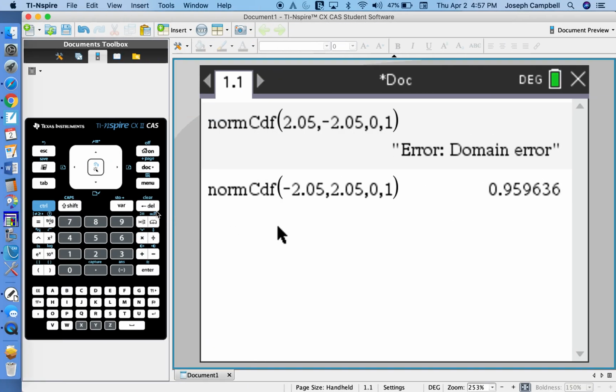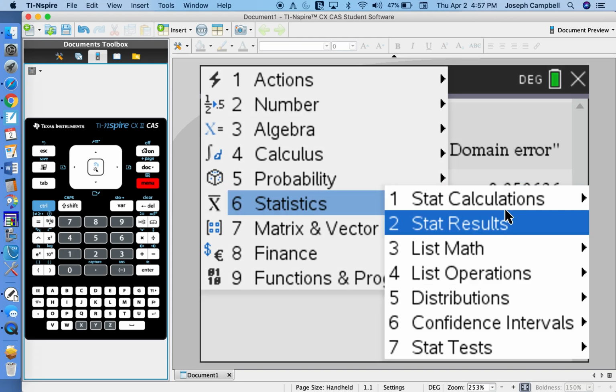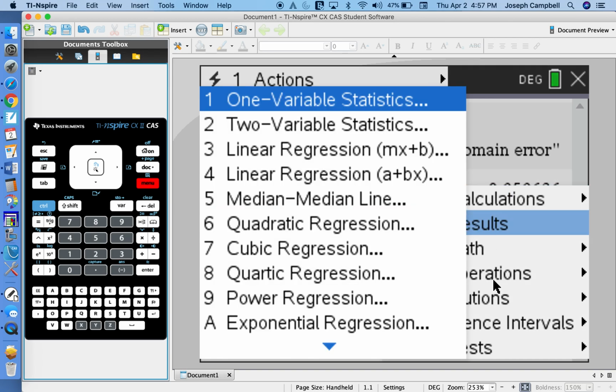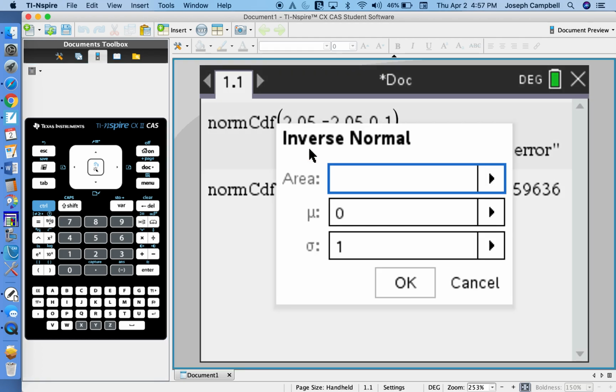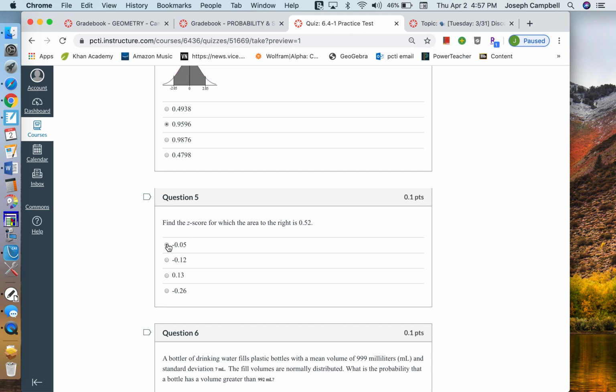So I'm looking for the z value, or the x value, if you want to think of it like that, that corresponds to an area of 0.48. And this is always going to be coming from the left, so that's why we had to find the complement. And it's standard normal, so it's 0, 1, right? So it's going to be z value, negative 0.05.